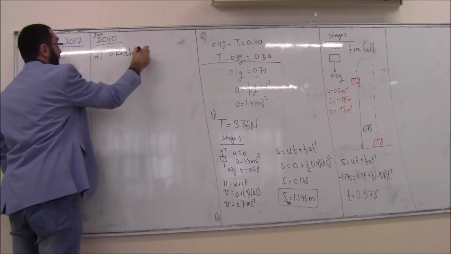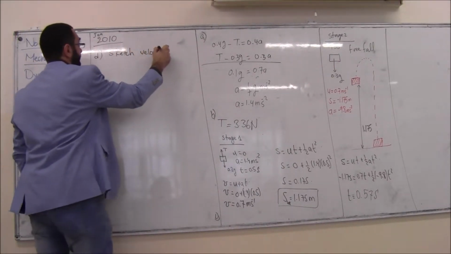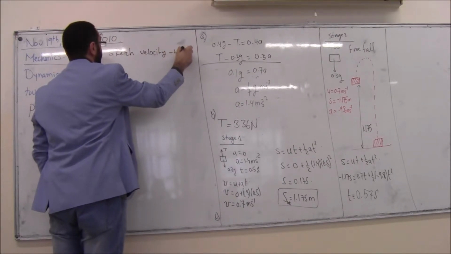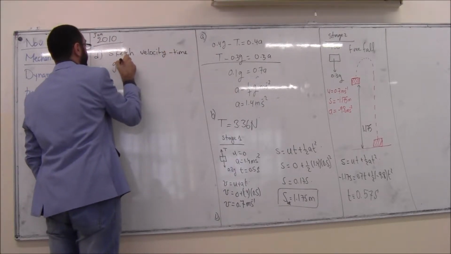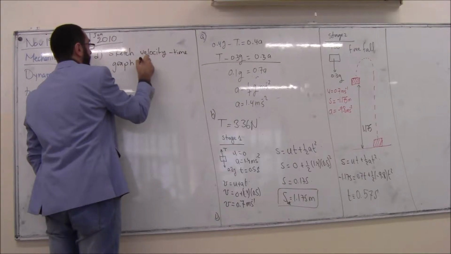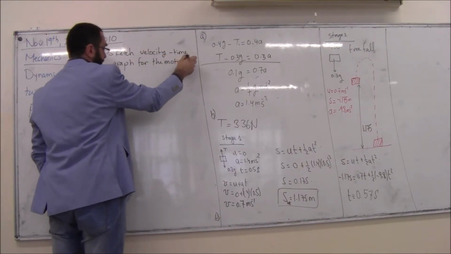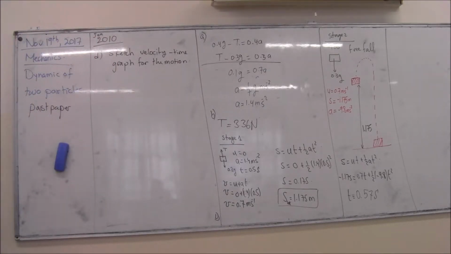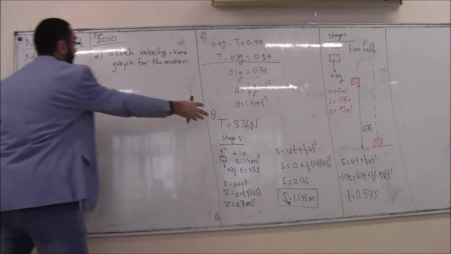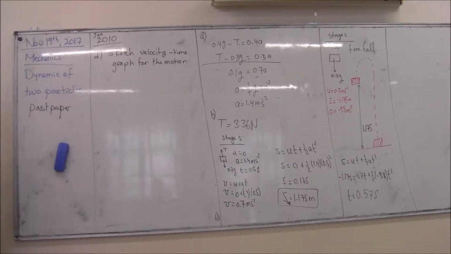Speed time graph, velocity time graph for the motion. Pay attention, please. Actually here, this question correlates dynamics to kinematics. Recently, we have questions like this in the previous years.